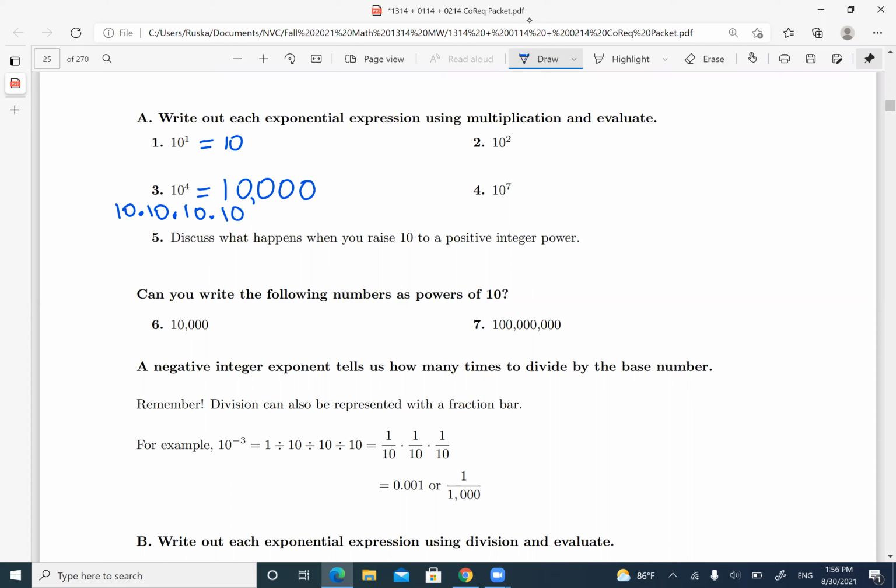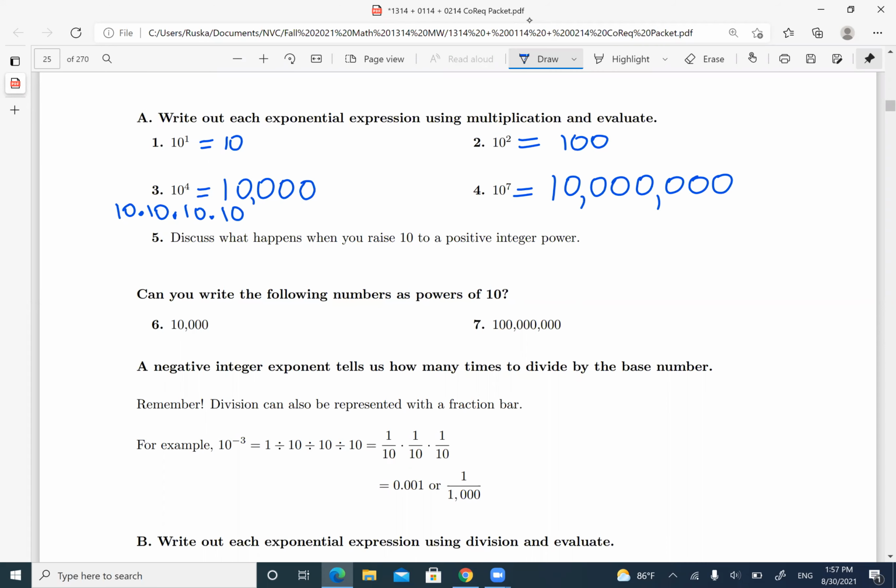The exponent gives you how many zeros. 10 squared is 10 times 10 is 100, 1 with 2 zeros, right? 10 to the 7th power is multiplying 10 by itself 7 times. So it's going to be 1 with 7 zeros: 1, 2, 3, 4, 5, 6, 7. So that's 10 millions, right? Everybody understand that?